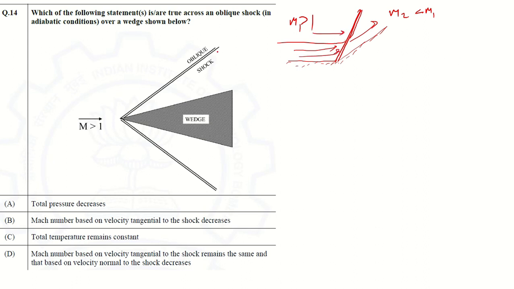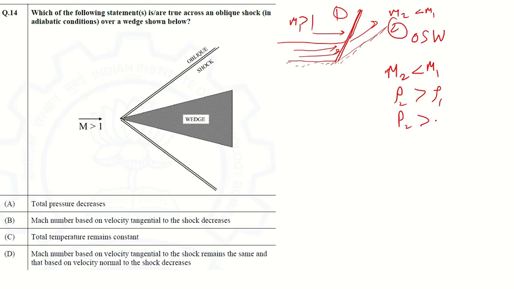So what is the condition before the oblique shock wave and after the oblique shock wave? Here is condition 1, here is condition 2. Remember, M2 is less than M1. Rho 2 is greater than rho 1.